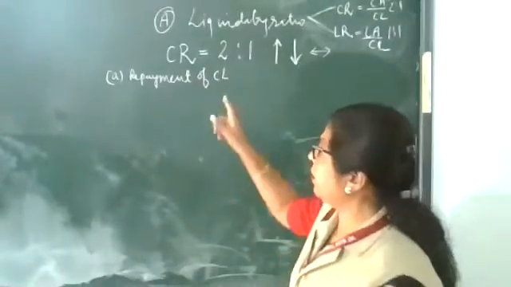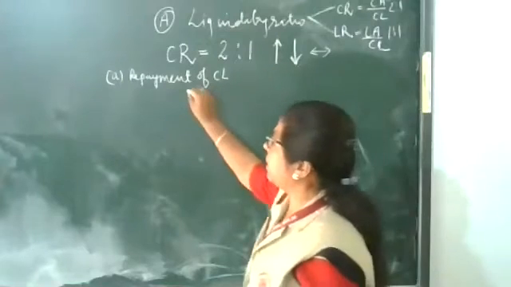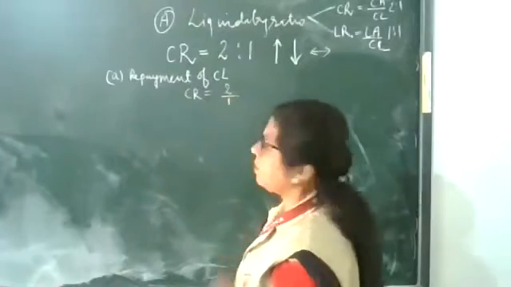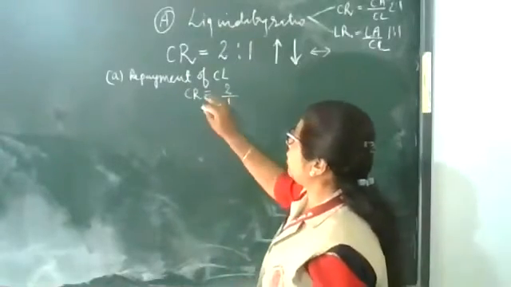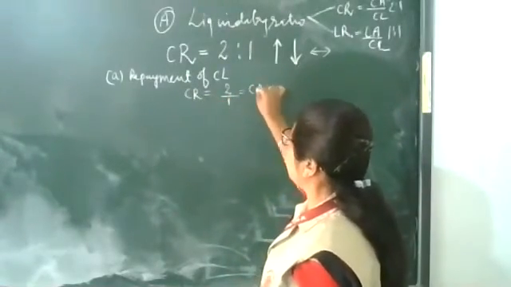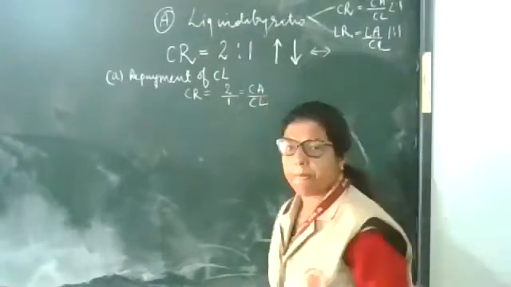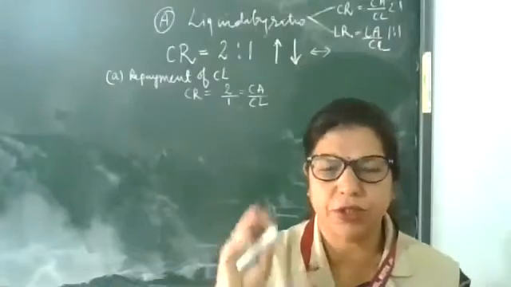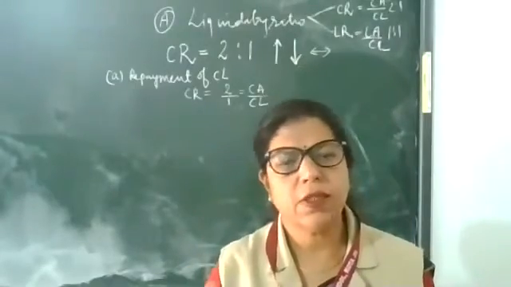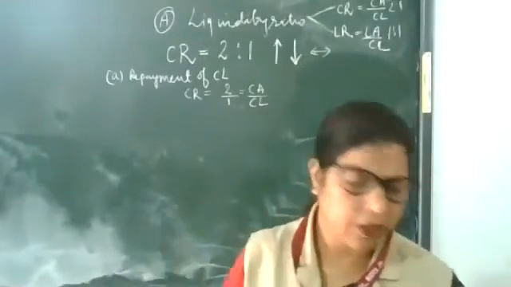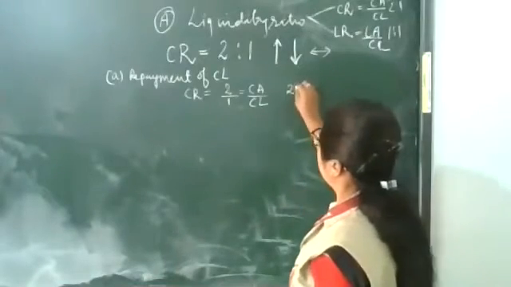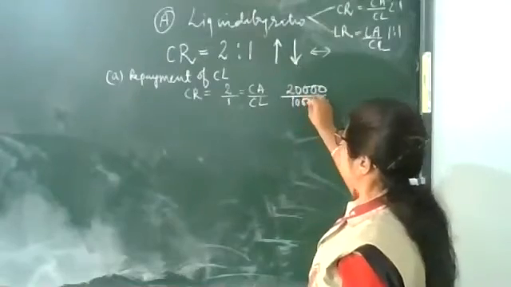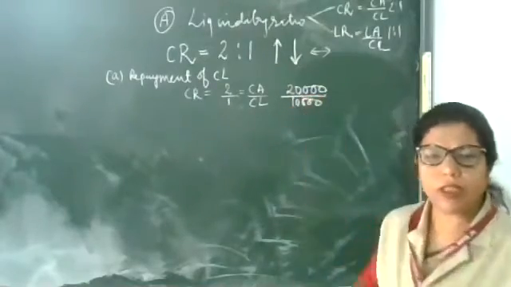So see, repayment of current liability. Current ratio is equal to 2:1, or current ratio is CA upon CL. Now 2:1, so let us assume that it is 20,000 and 10,000.